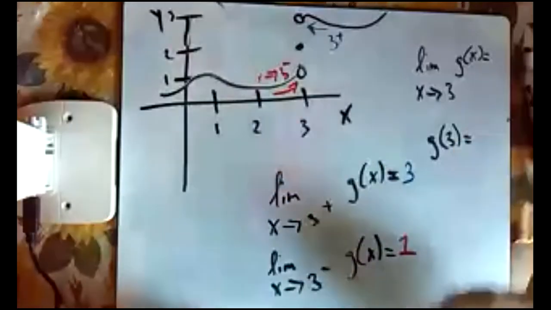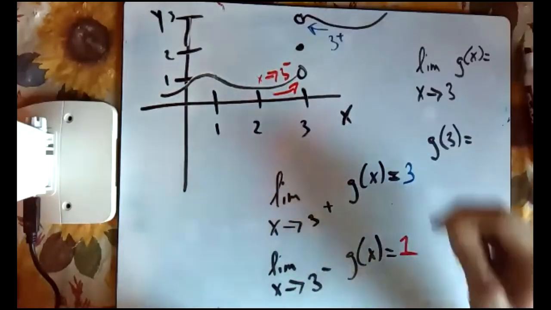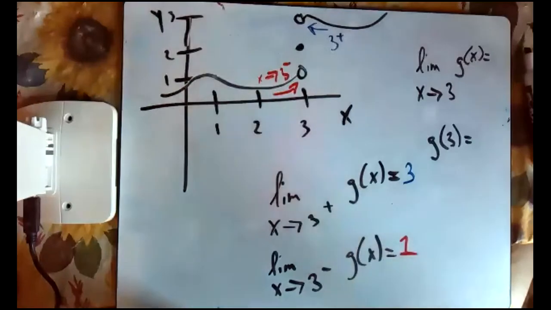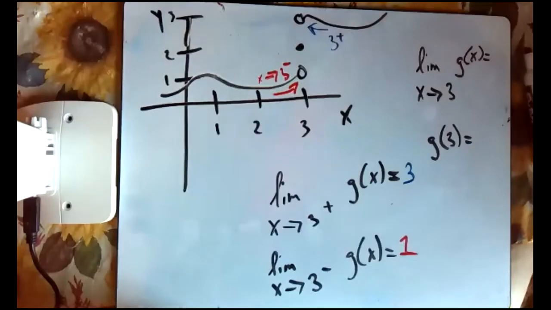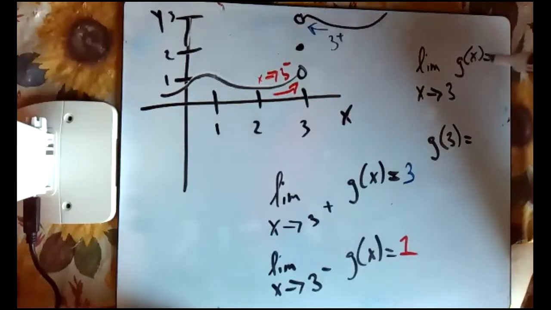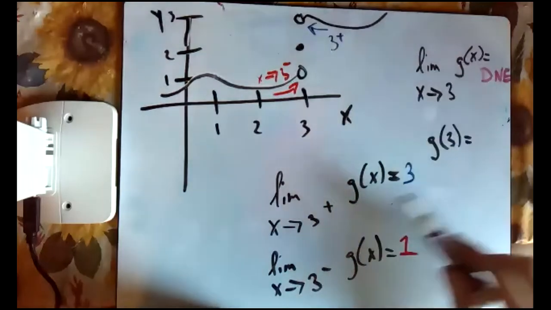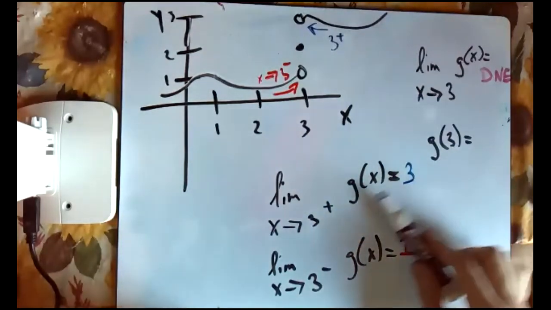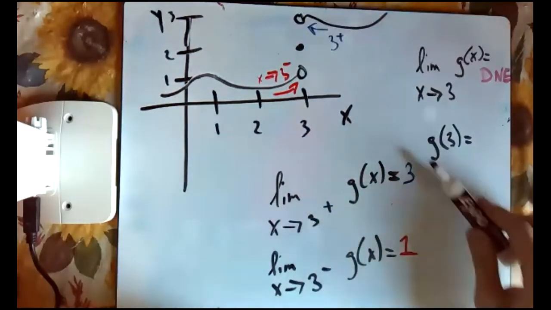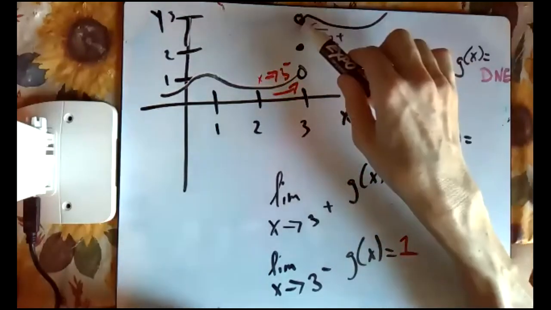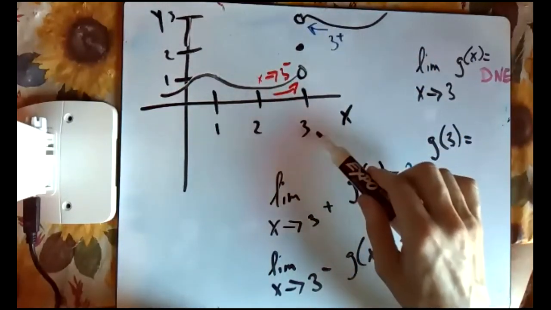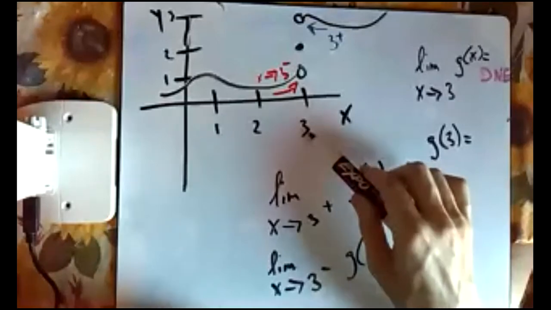So we're getting 2 different y values as x approaches 3. They're not homing in on the same y value. So in this case right here, this does not exist. Again, it's because we are getting 2 different y values as you approach this particular x value of 3.